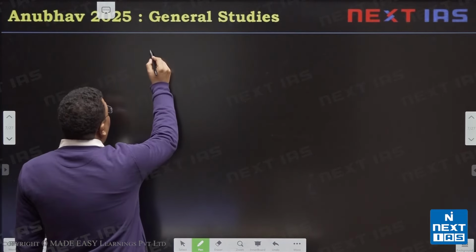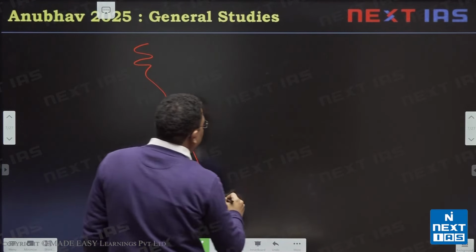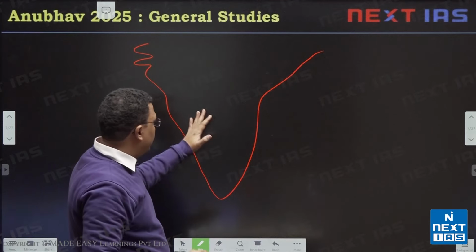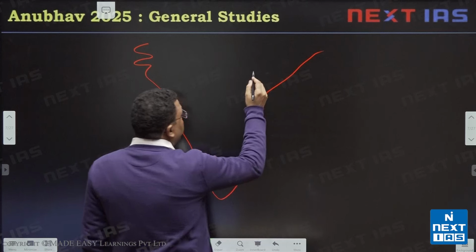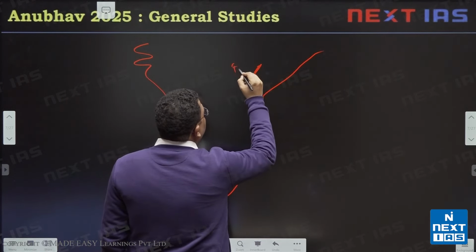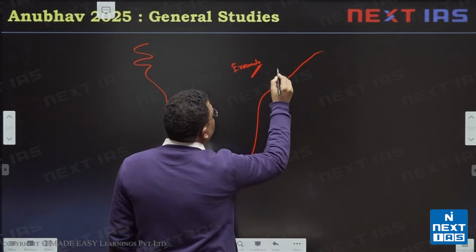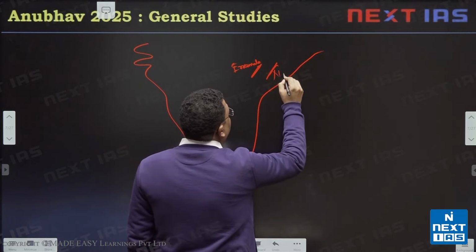So if we draw a rough map of India, this is a rough map of peninsular India. If you see, Eramala is located somewhere here, then just right to this Nallamala is located.